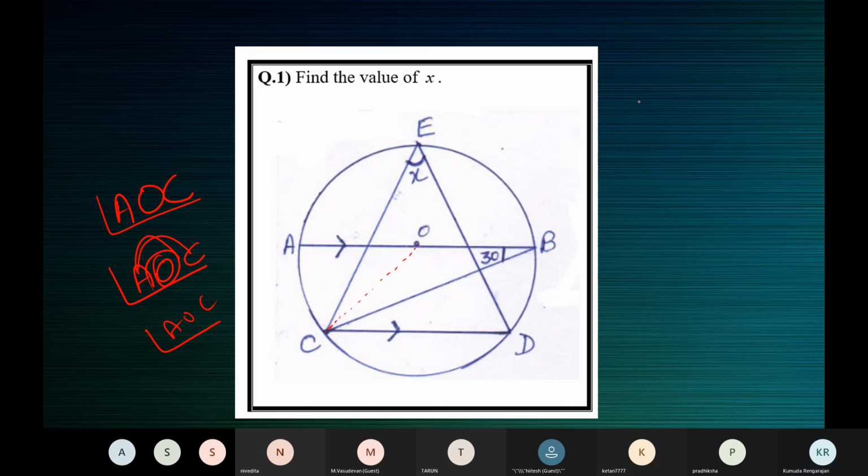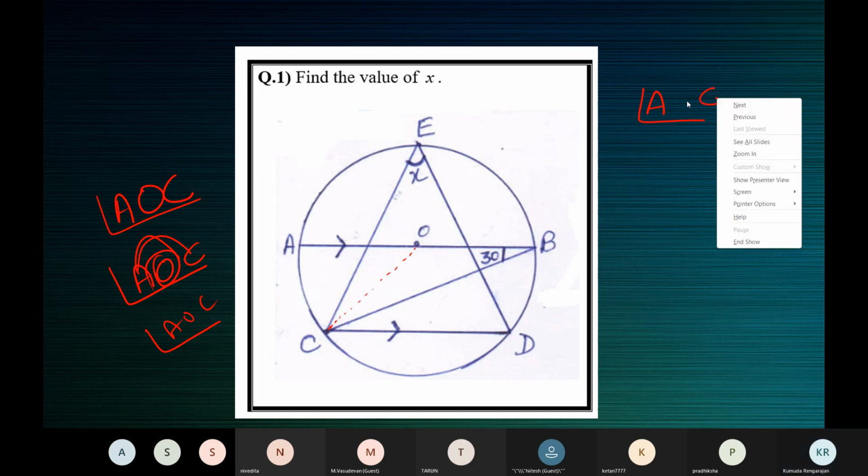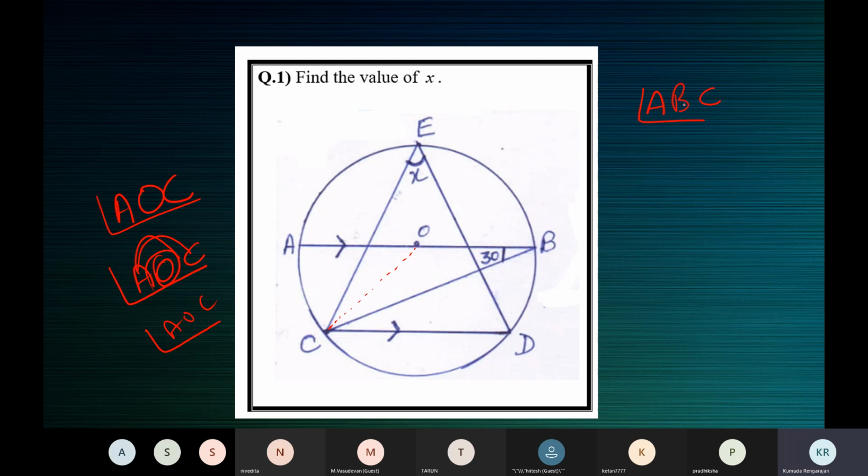So see here, this is the arc AC. This is the point at which the angle is made. Arc AC makes angle ABC at the point B. This is 30 degrees.